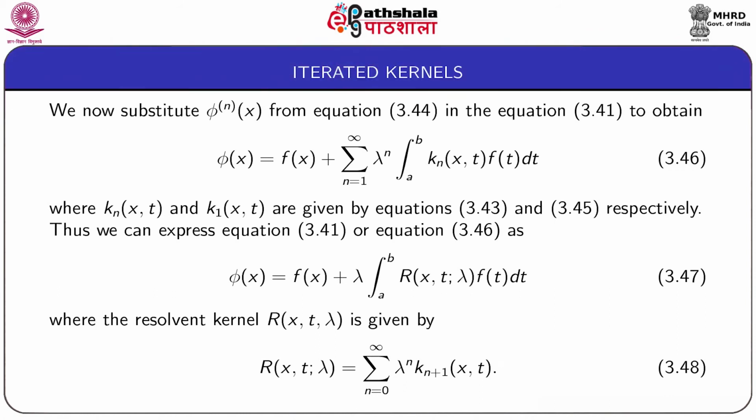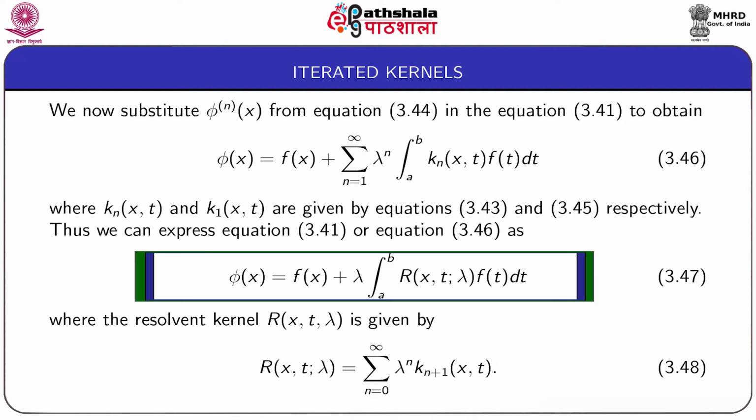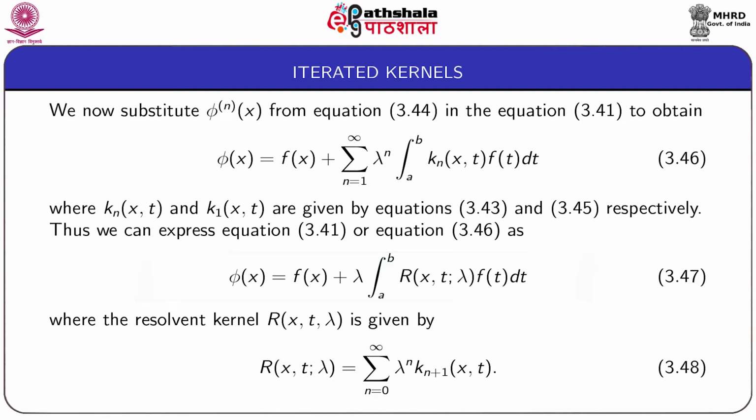So the Neumann series solution 3.41 or equation 3.46 can be expressed as phi x equal to fx plus lambda integral a to b capital R x t lambda into ft dt.